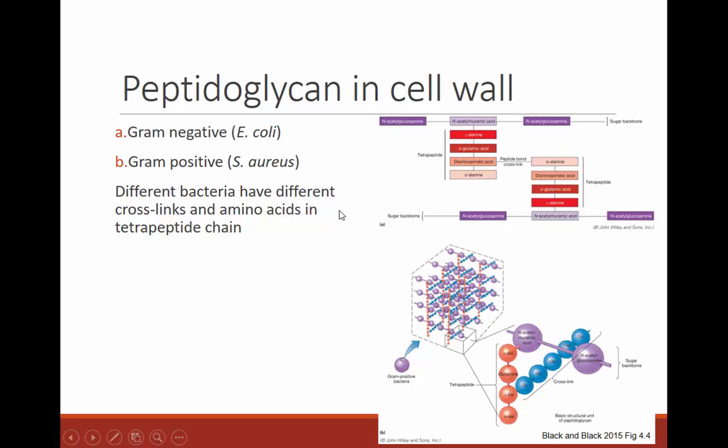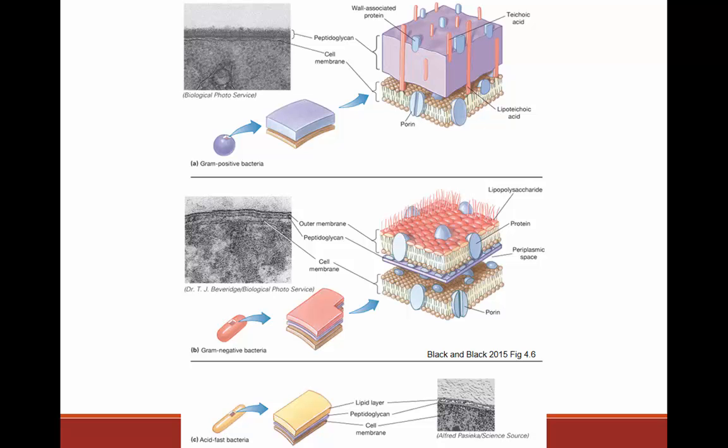And this is just showing the difference between gram-negative and gram-positive, and the different bacteria have different cross-linking molecules as well. But what is more important, I think, is to see it visually.